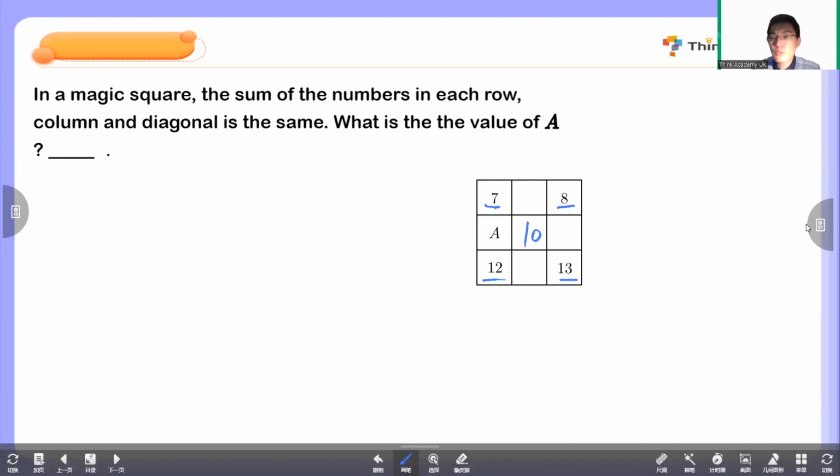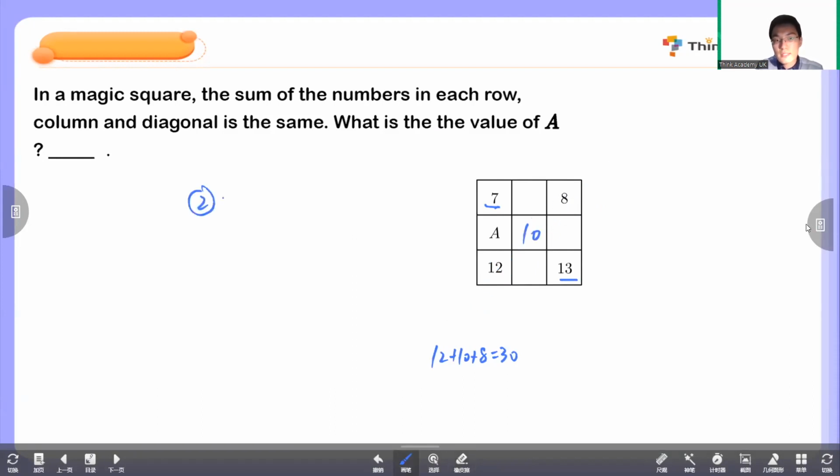We have 10 here, and then we can find the magic sum. The magic sum will be 12 plus 10 plus 8, which will be 30. Or we can make use of the second key point, since we have 10 in the middle.